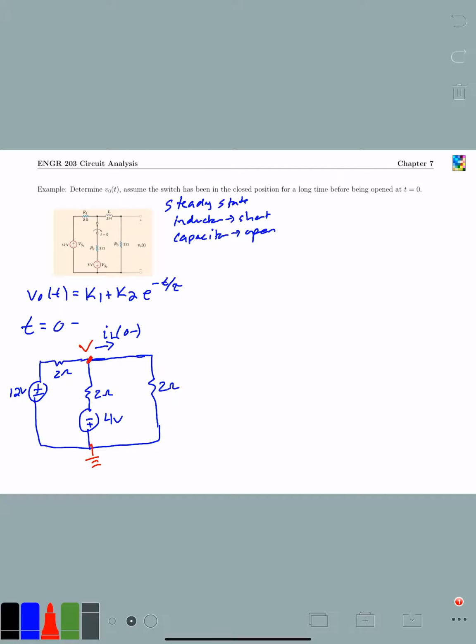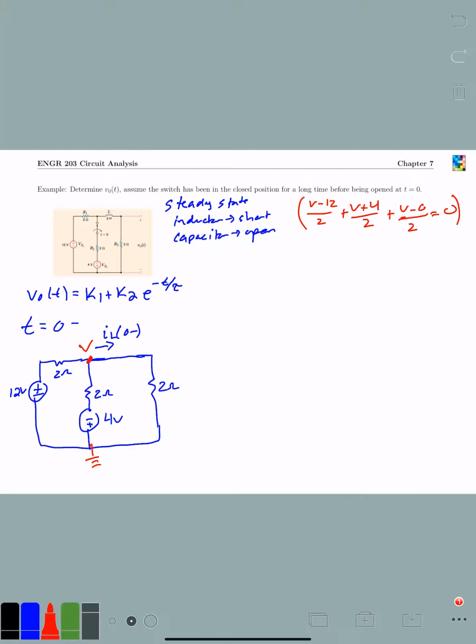So let's go ahead and solve this maybe by node voltage here. Call this V. So then I would have (V minus 12)/2 plus (V plus 4)/2 plus (V minus 0)/2 equals 0.